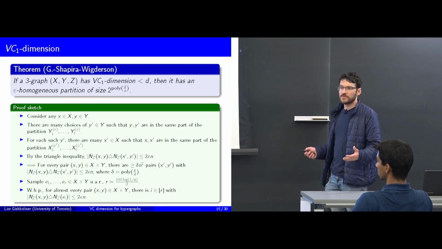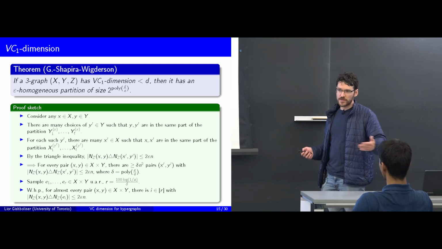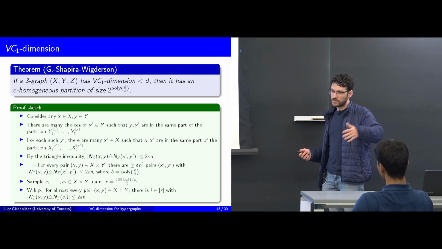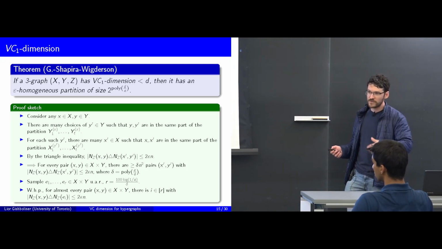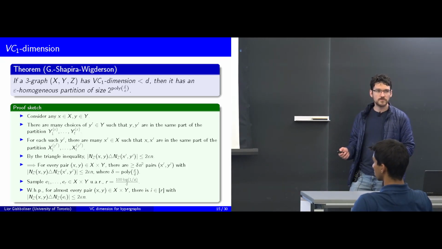The reason is that every pair is related to delta n squared pairs, so if you sample 1 over delta, you expect to catch one. And if you add this log 1 over epsilon, it will make the probability that you fail very small. Questions so far?